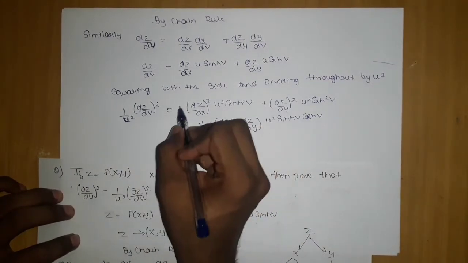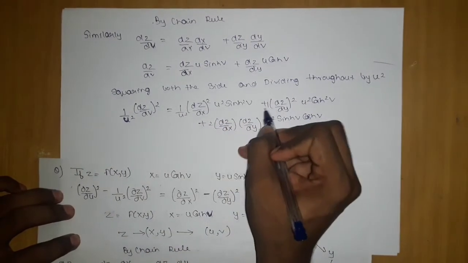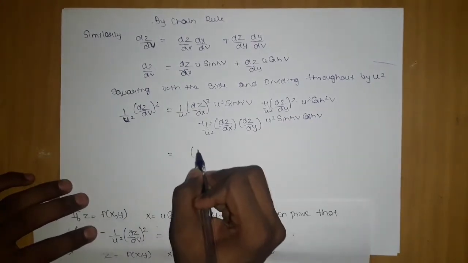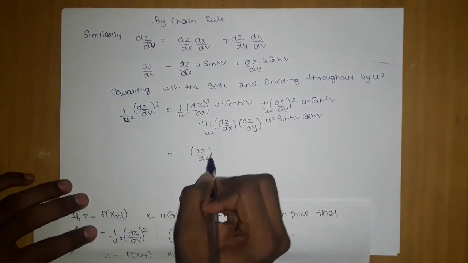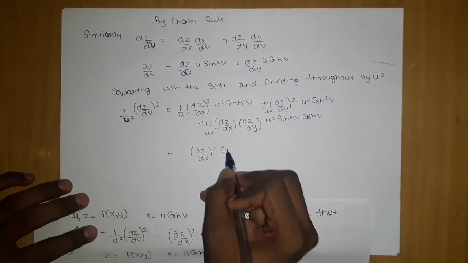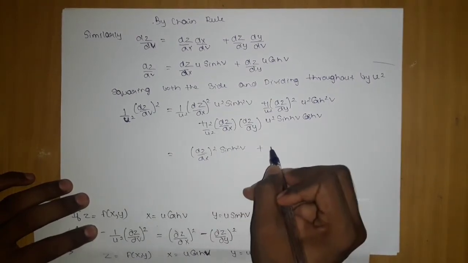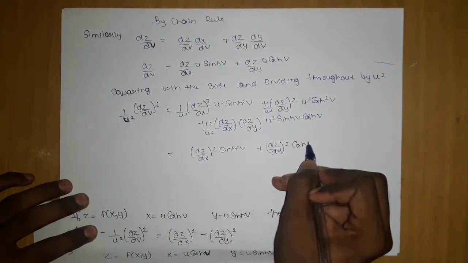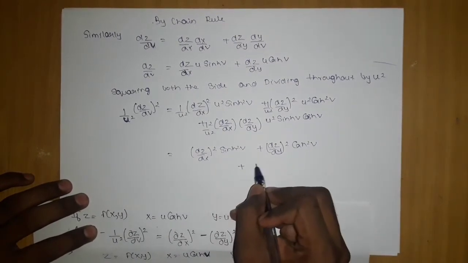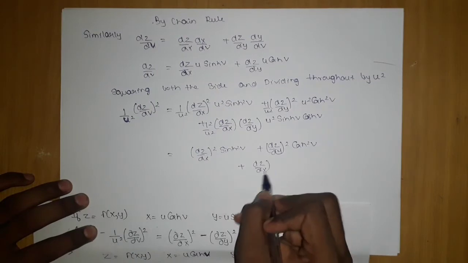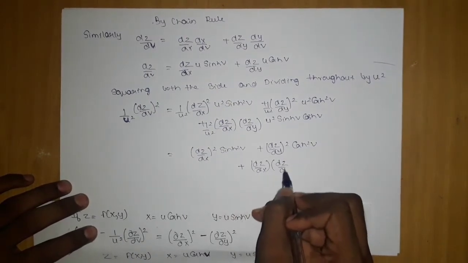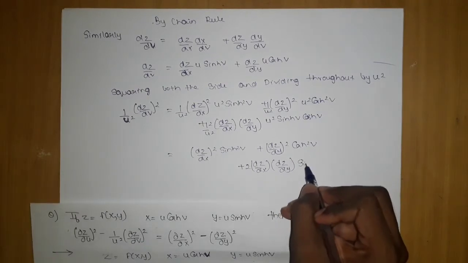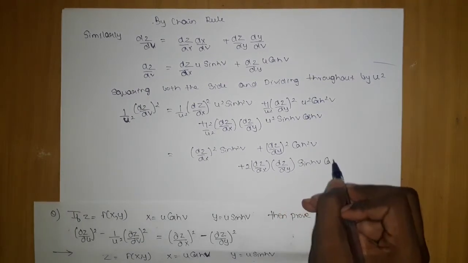If I divide, this will be 1 by u square, here also 1 by u square, here also 1 by u square. So finally you get dou z by dou x, the whole square, into sin h square v, plus dou z by dou y, the whole square, into cos h square v, plus 2 into dou z by dou x into dou z by dou y, and sin hv into cos hv.